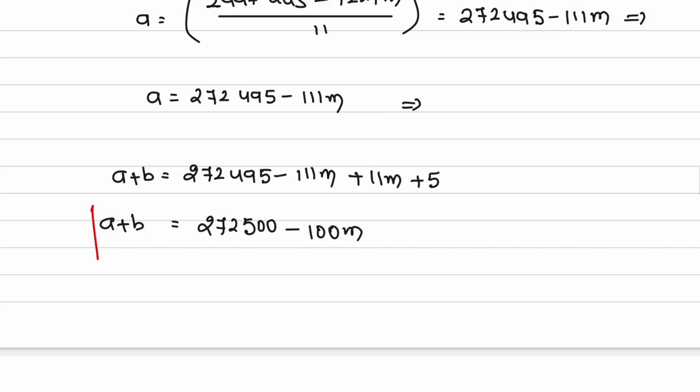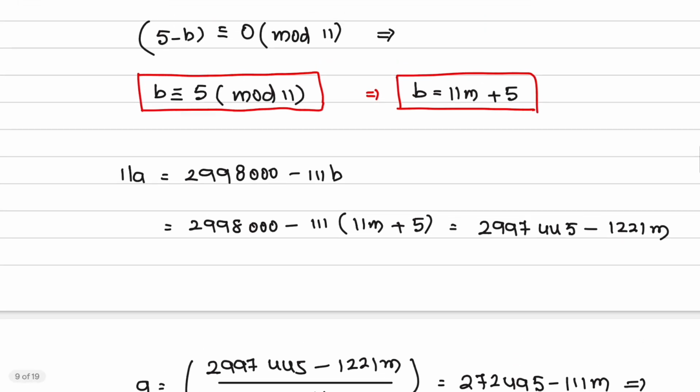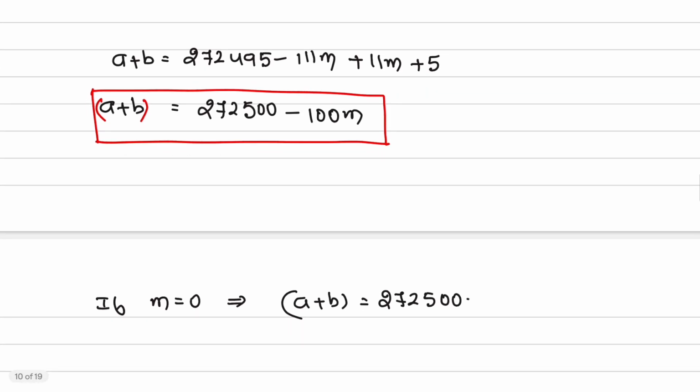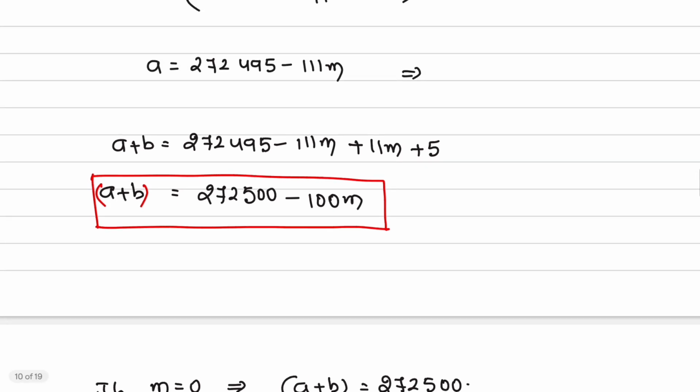This is the value A plus B, where if m is equal to 0, this implies A plus B is equal to 272,500. And A is positive and B is positive.